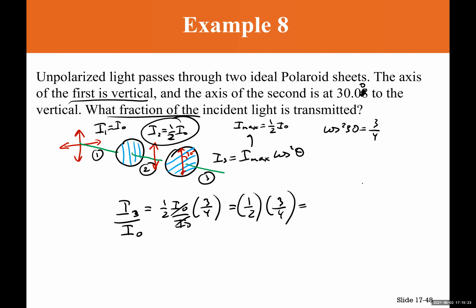Calculating together, I get 0.375. That means you're only going to have roughly 37.5 or 38% of the original intensity. That means here you get 50%, and then 37.5% overall, so you end up with only about 37% of your original intensity at that position.